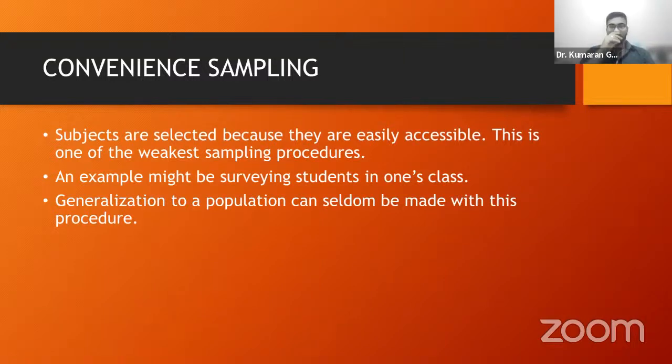So we have to know when to use this, and generalization to the population can seldom be made with this procedure. We have to be very careful with convenience sampling because, as I told you, of the bias, and when it's easily accessible, the data could be not so firm and so on.